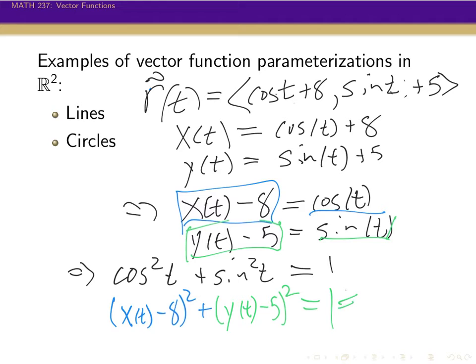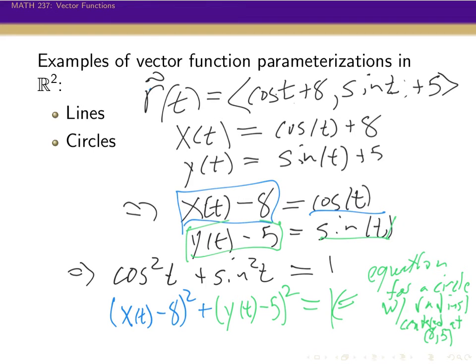This is the equation for a circle with radius 1 centered at the point 8, 5. So that works exactly the way we want it to.